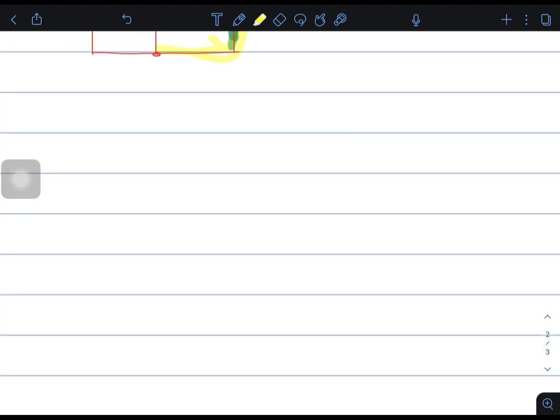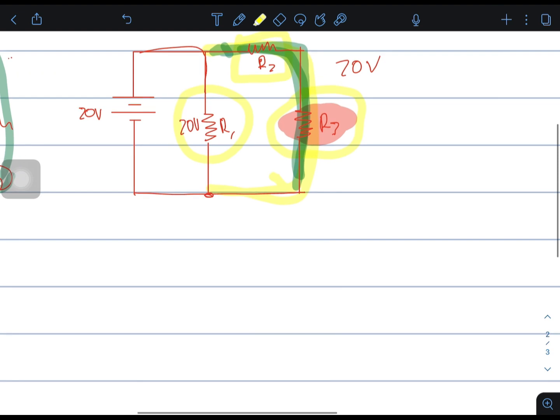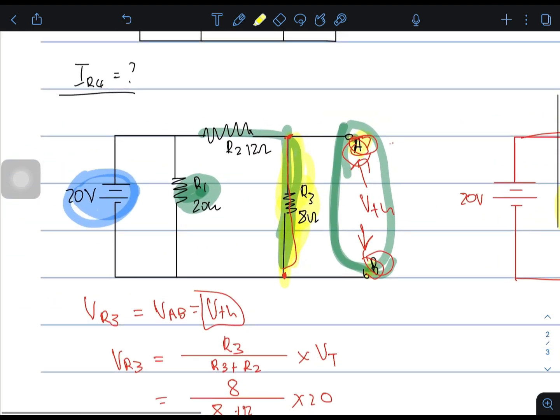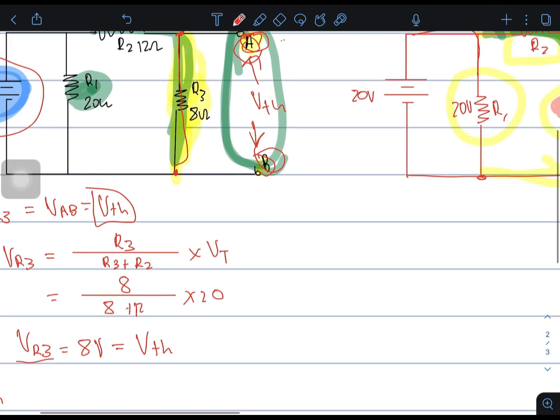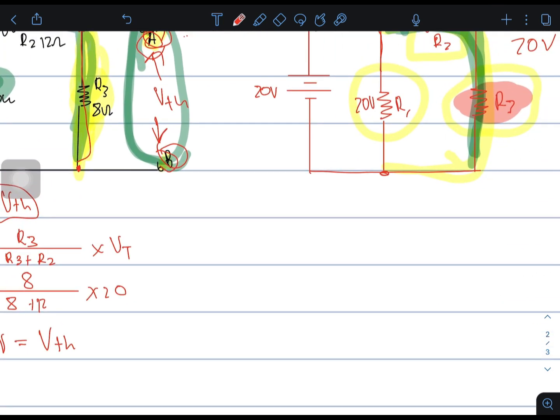When you are calculating the Thevenin resistance, what you do is short circuit the voltage source. Okay, let us do that.